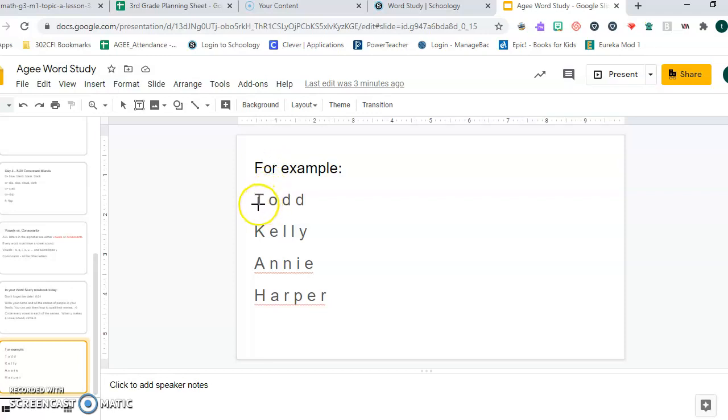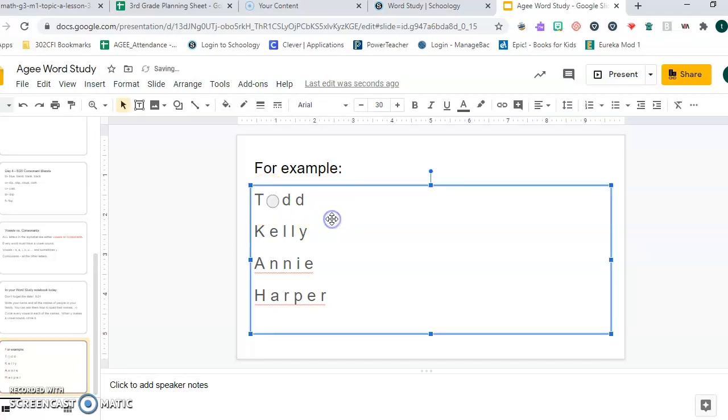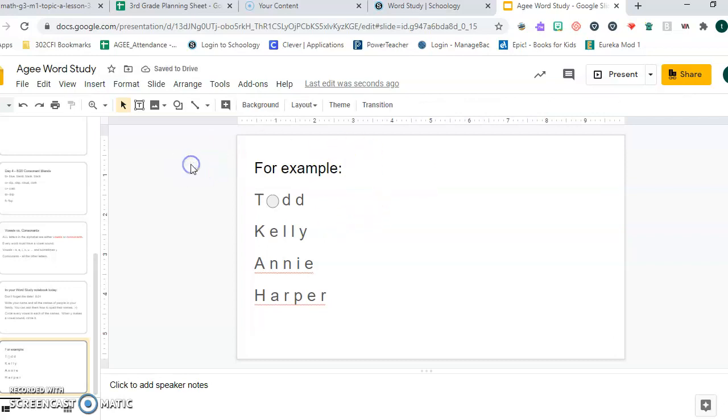So I know T is a consonant. O is one of the five main vowels, so I would circle it. I just want to put a circle around the O, and then the DD would be two consonants.